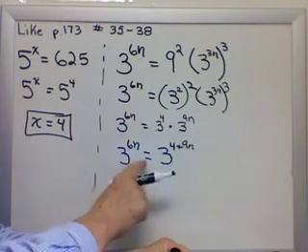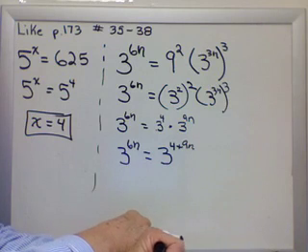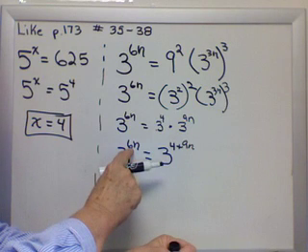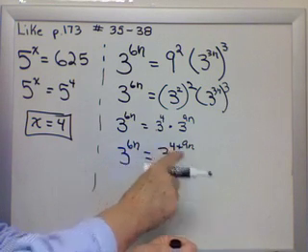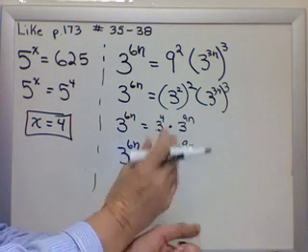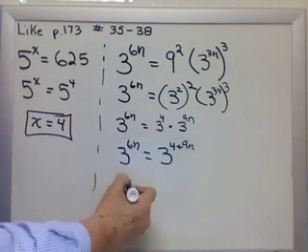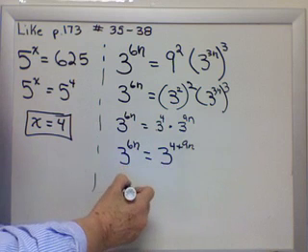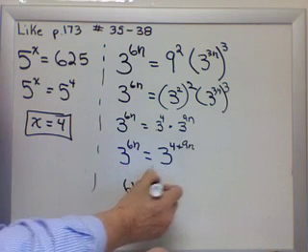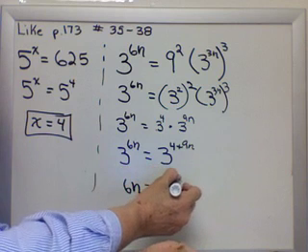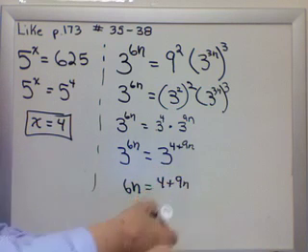Now, if this equal sign is true, that means that this exponent, 6n, must equal 4 plus 9n. So there I have a basic little algebra problem to solve. So I set up 6n equals 4 plus 9n and just solve it.